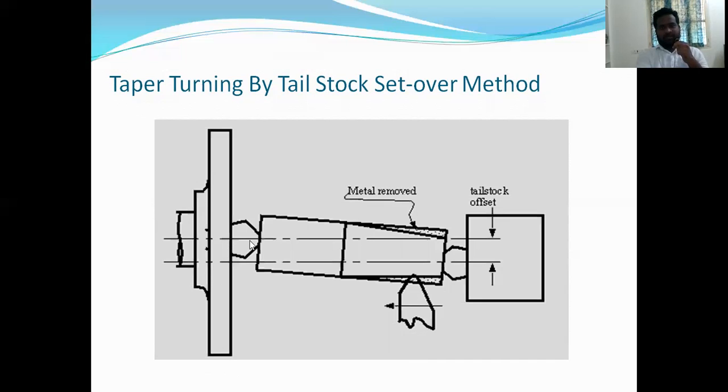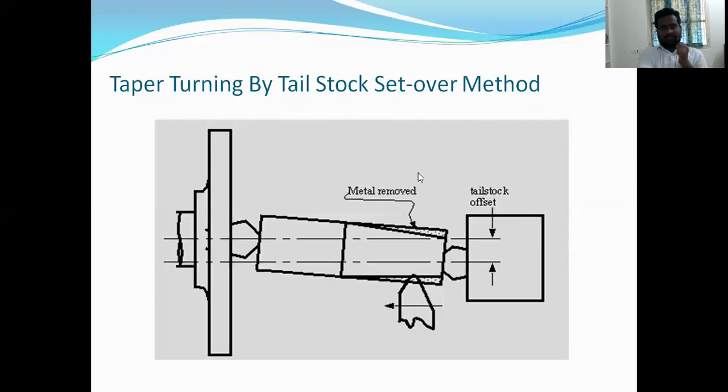Actually, the tailstock axis is on the same axis as this spindle axis. So this is the spindle axis, and the tailstock axis coincides with this spindle axis.